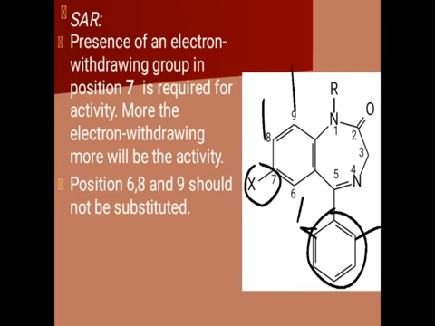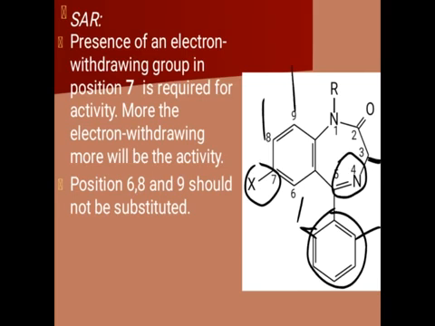And the substitution as well must be an electron withdrawing group. Then this unsaturated part must remain as it is for the optimum activity. If the double bond between N4 and C5 is removed or reduced, converting it into a saturated part, then the activity will decrease.